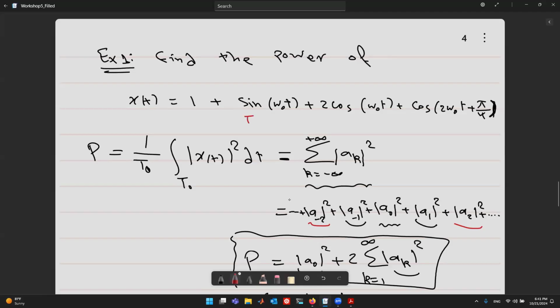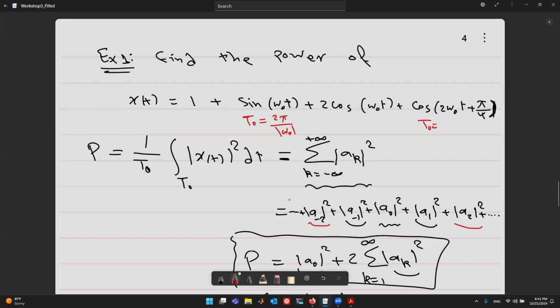What's the period of this signal? The fundamental period of this signal is just 2 pi divided by omega naught. I'll call it T naught.